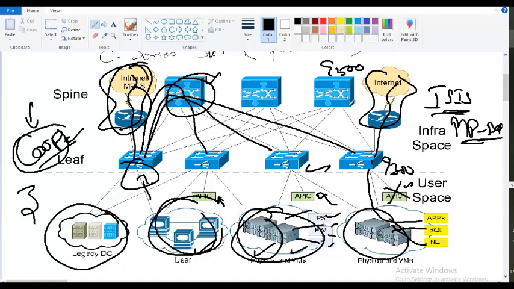Mostly. But there is also one particular 9300 series which can be used as a spine. As I said, this Nexus 9000 series can be a Nexus switch or it can be an ACI leaf or spine, but it cannot be both. You cannot have Nexus switch mode as well as ACI mode. Any one.